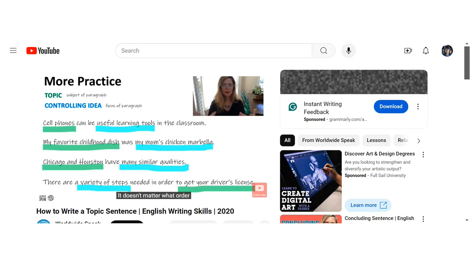It doesn't matter what order they come in. You just need those two pieces. It can be topic, controlling idea, or it can be controlling idea, topic. Remember, the order doesn't matter. It's just that the topic sentence needs both pieces to be clear and effective.